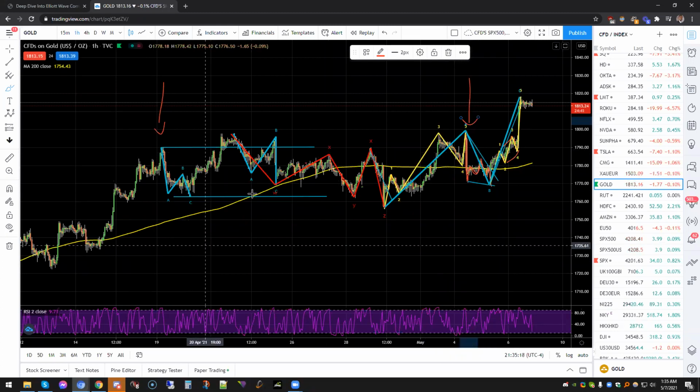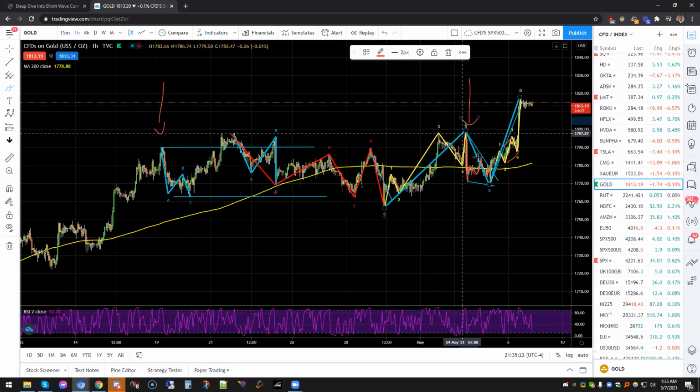You got 1, 2, 3. This one is 1, 2, 3. This is typically the same wave. No different. Okay? Can you see the resemblance?